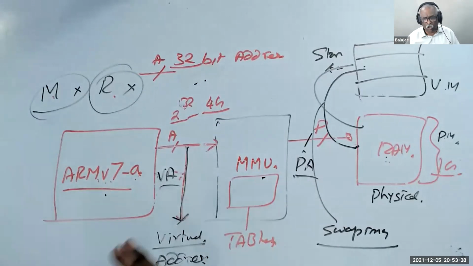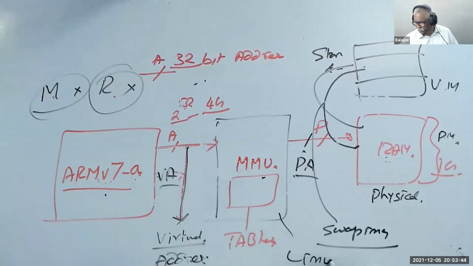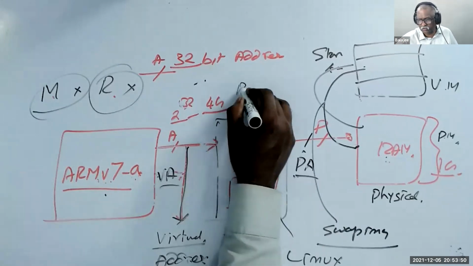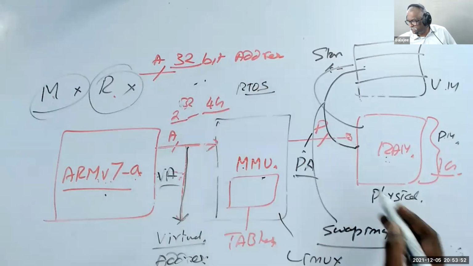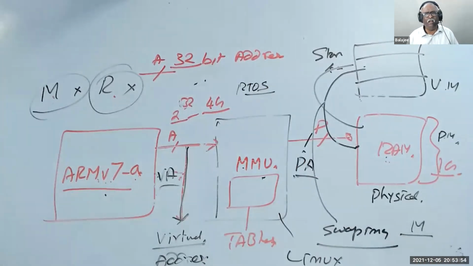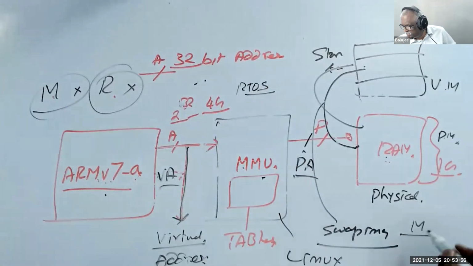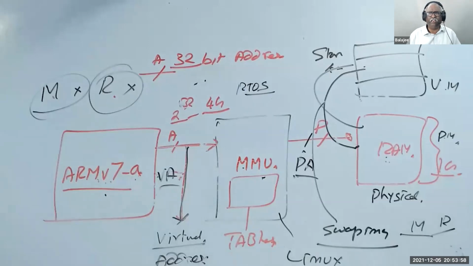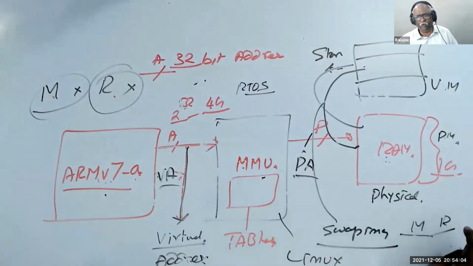This type of unit is available in your A series. It is required by your Linux operating system. If you don't have an MMU, then Linux cannot work on that. But an RTOS can work. I can run an RTOS in the M series and in the R series, but I cannot run Linux on an M CPU or R CPU.